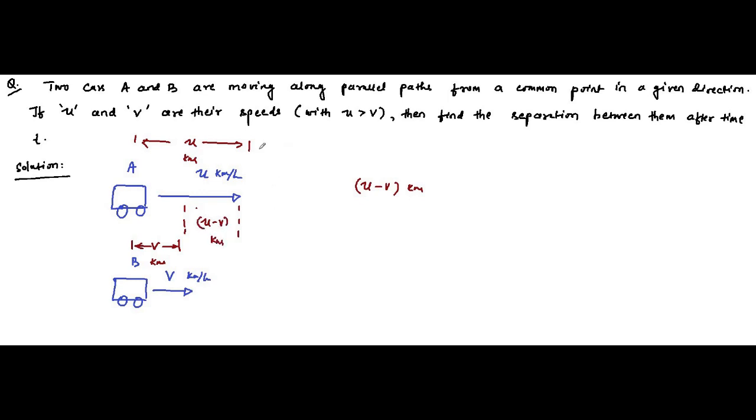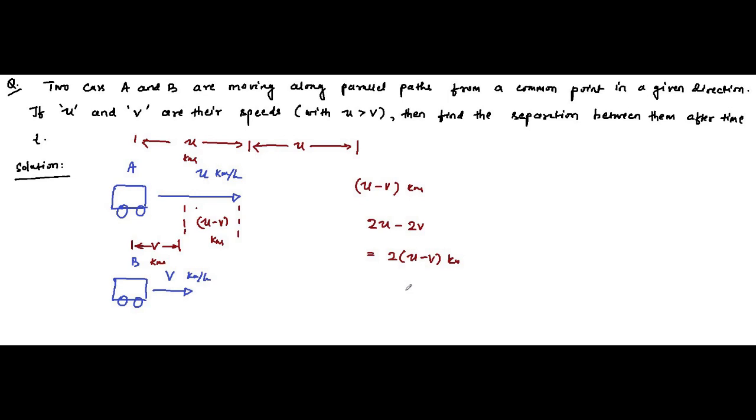Similarly, after another 1 hour, it will have covered another u kilometers, and this will have covered another v kilometers. Then the gap between them will be equal to 2u minus 2v, which is equal to 2 into u minus v kilometers, after 2 hours.